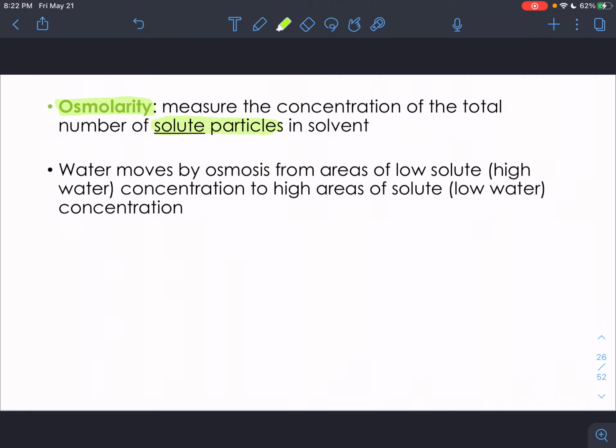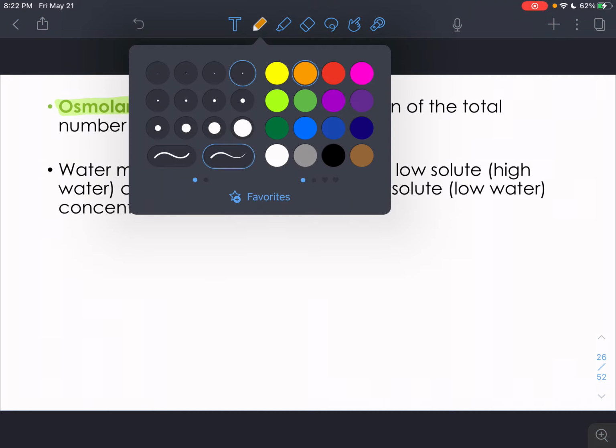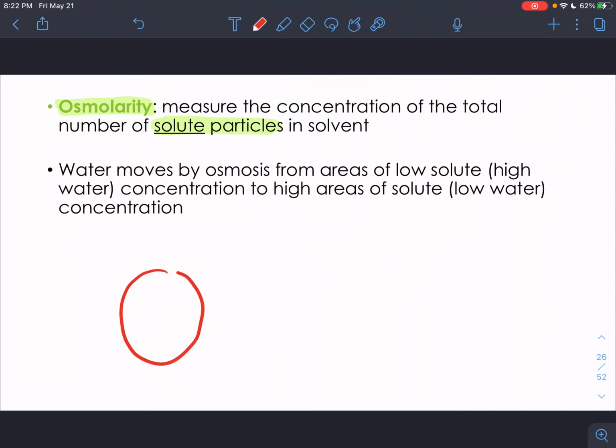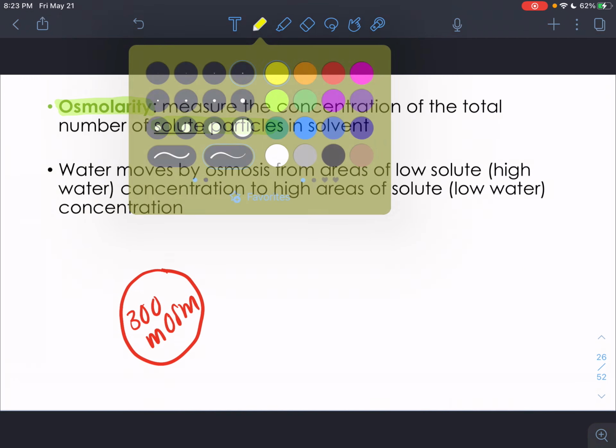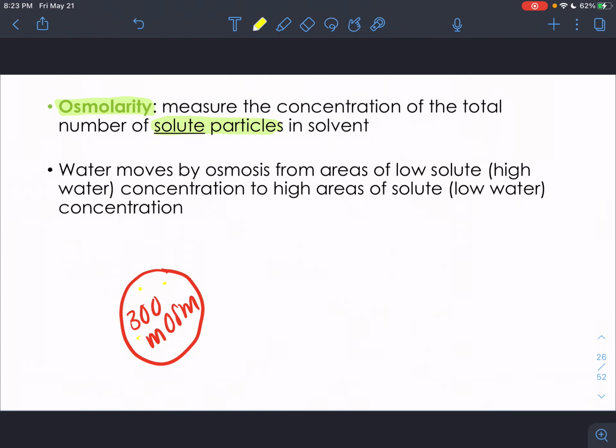When we look at, say, a red blood cell, I don't know if Zach went through this with you. A red blood cell has an osmolarity of 300 milliosmol. That's because there are different numbers of ions, different sugars and salts in the blood cell that give it this concentration.